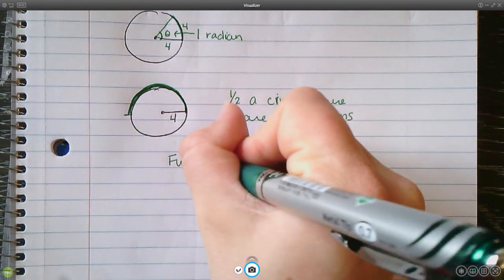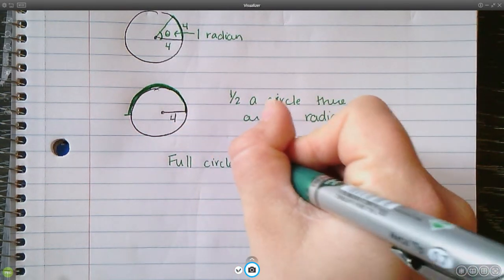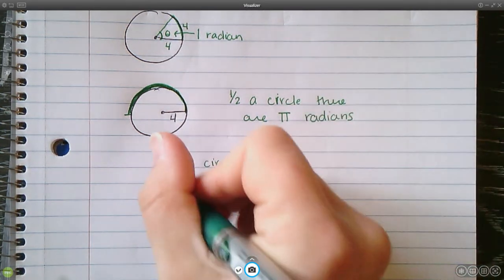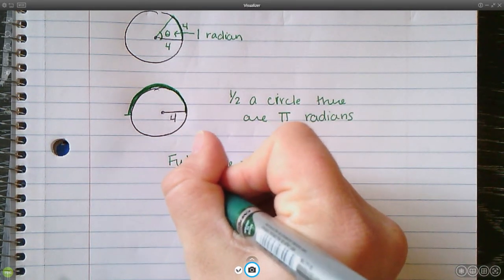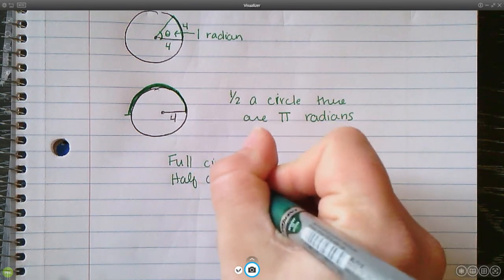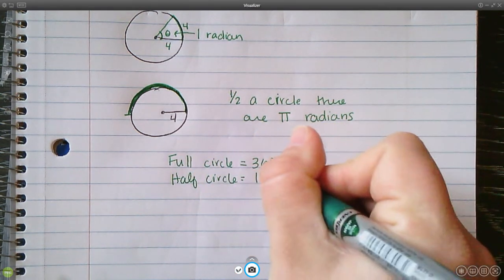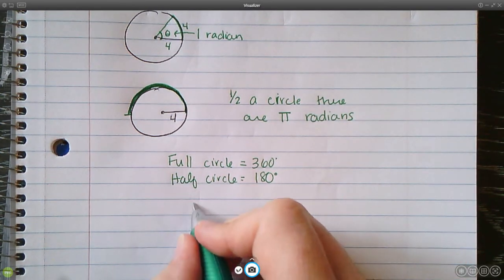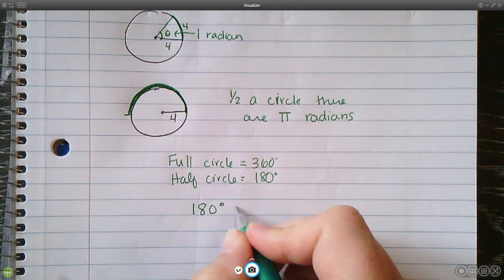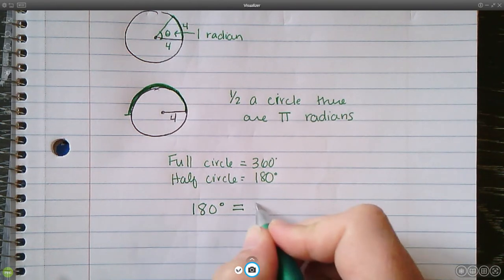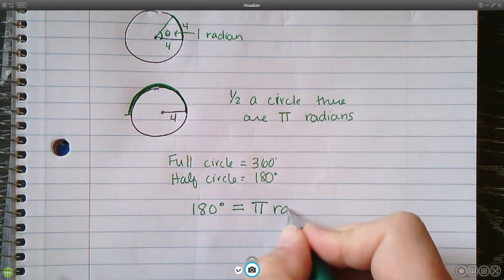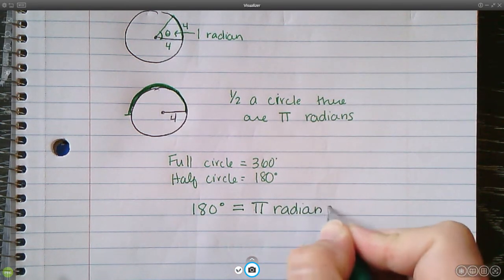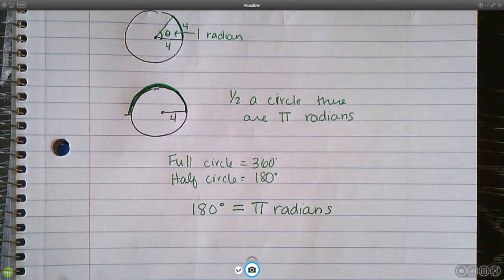A full circle equals 360 degrees. A half circle equals 180 degrees. So that means that 180 degrees is the exact same as pi radians because they are both half of a circle.